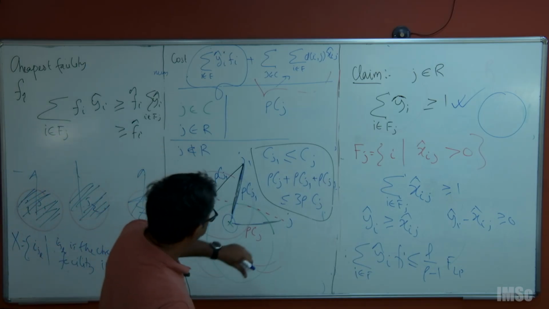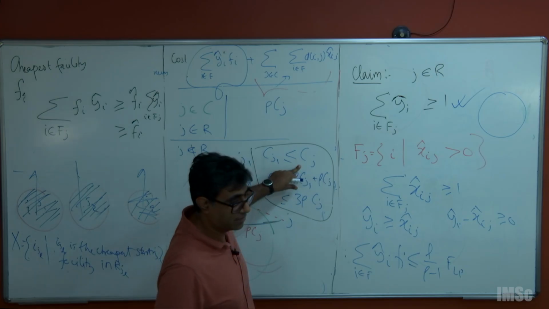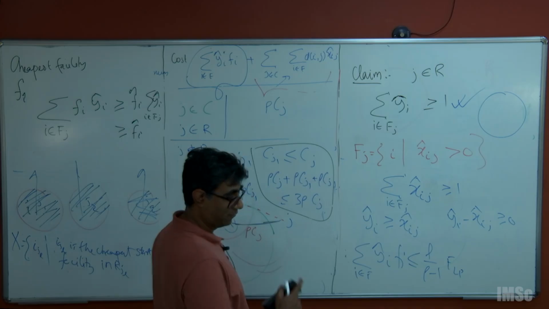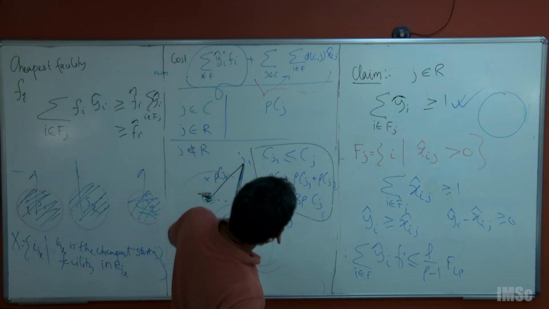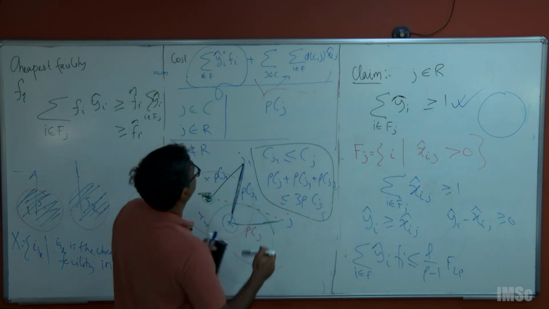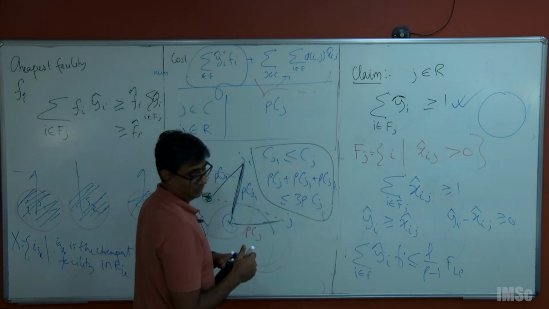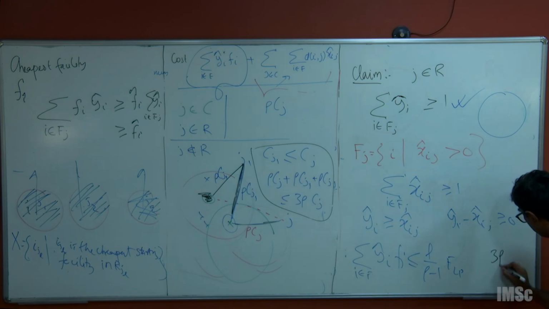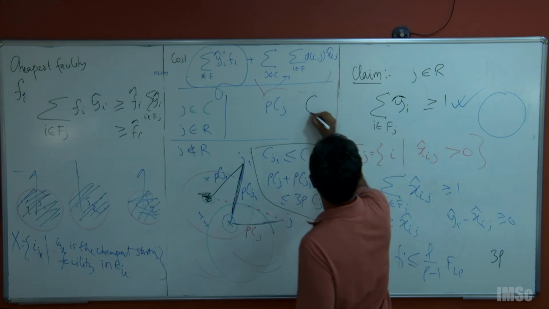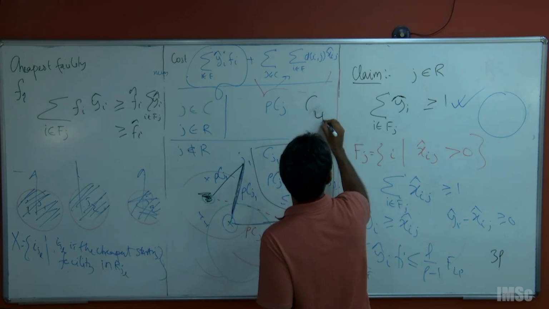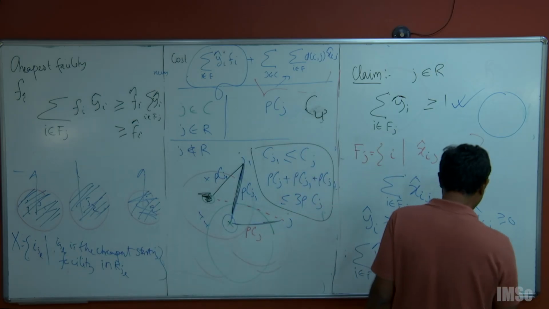But notice here I was doing this with respect to the old cost itself. I was not using the Cj hat when I was doing this greedy, so that I don't have to lose a rho factor. So what is this guy's contribution? Well, it is 3 times rho times, let's call this CLP, the customer's contribution in the real LP.